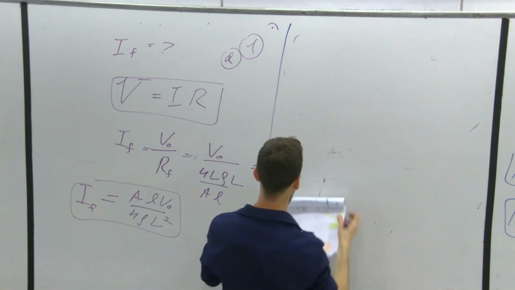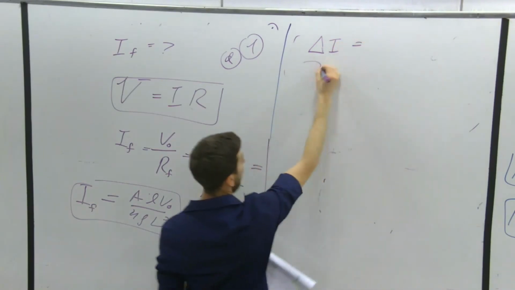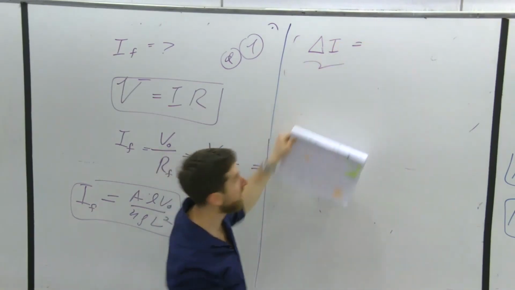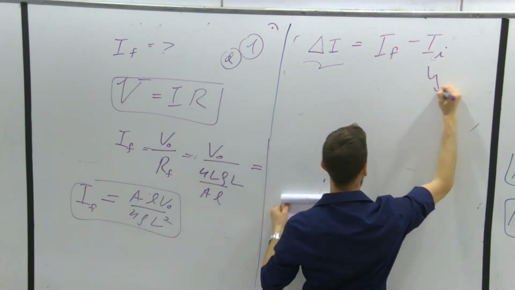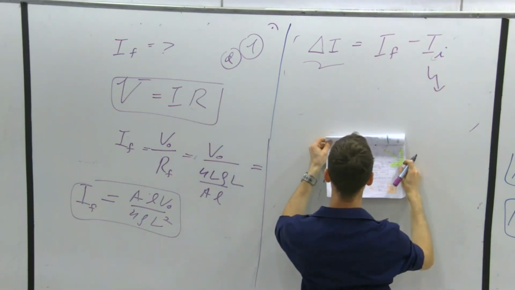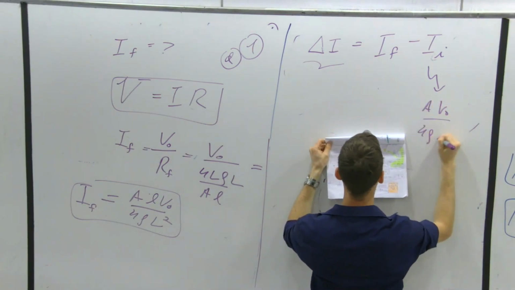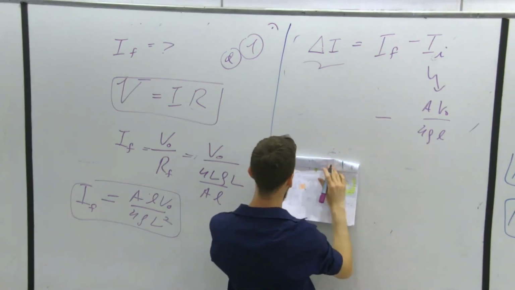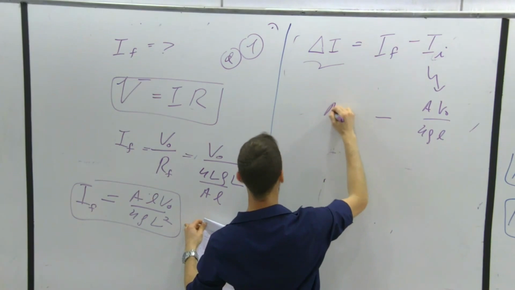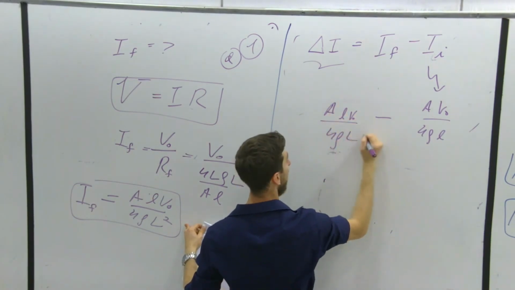We know that the device is going to tell us, just letting you know that before we have something else. Now we have this, but before we had this. And this one we found, right? It was A V0 over 4 rho L. And this one, we just found it right now. It's this term, A L V0 over 4 rho L squared.